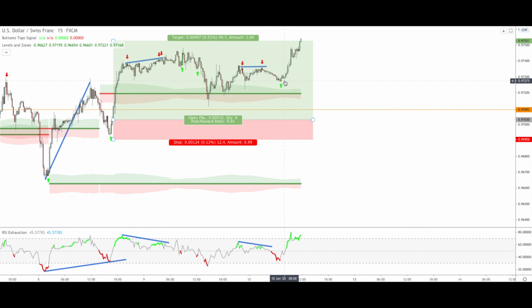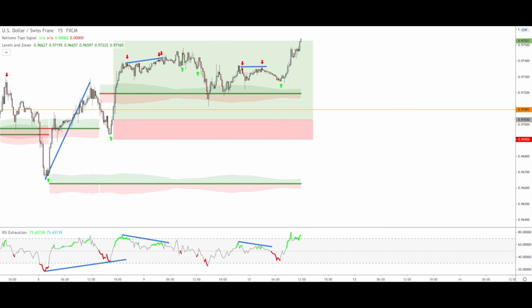The most important thing is that throughout our trade, we kept rational. We didn't get emotional. It was a pretty long trade for a 15-minute time frame.